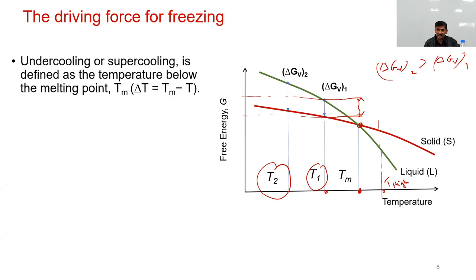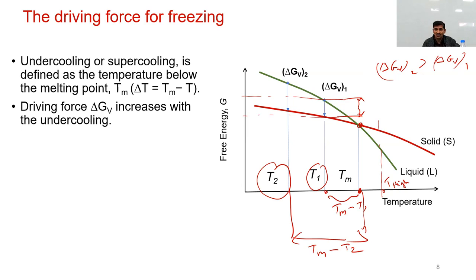So that delta T, which is the undercooling, is in fact Tm minus T. For example, here the undercooling will be Tm minus T1. At this point, the undercooling will be larger. Here delta T2 is Tm minus T2, and so on. Both these terms are used interchangeably. We can call it undercooling, or we can call it supercooling.